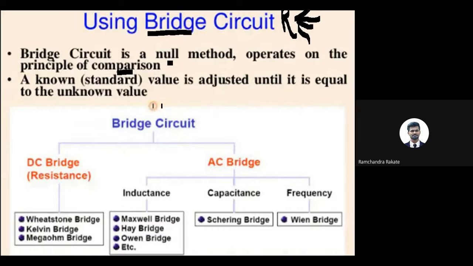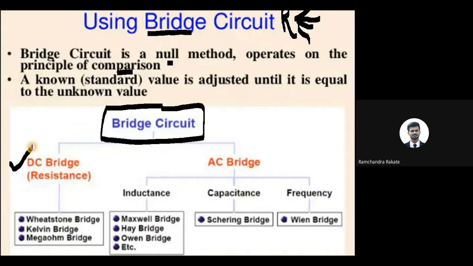Now the bridge circuits are classified based on the supply. We have DC and we have AC. In AC we deal with inductance, capacitance and frequency. When we come to DC, we have the basic passive element, that is resistance.